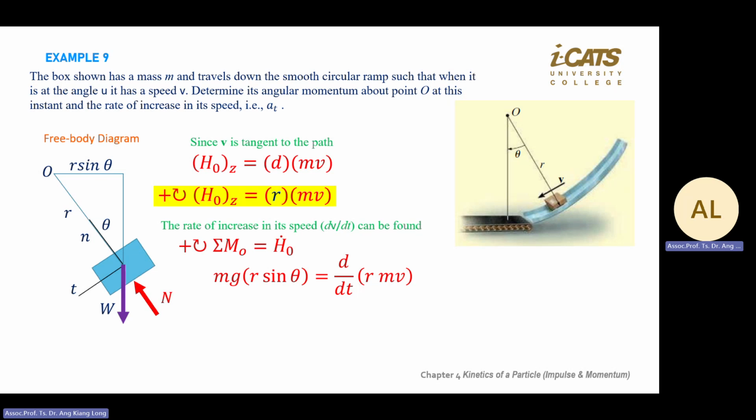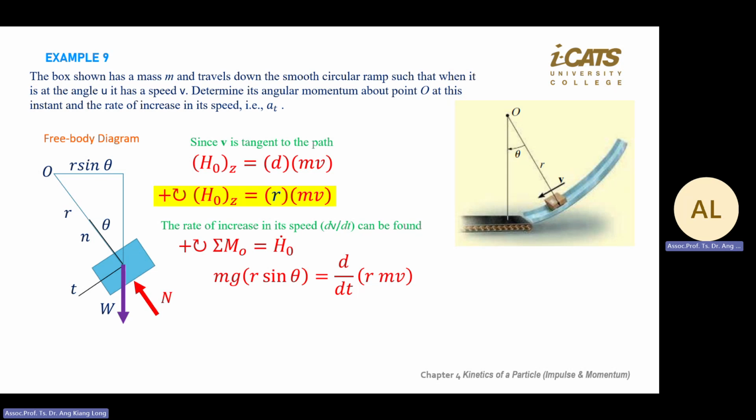So this is W, and you split it into the T direction, WT, and also this WN here. This WT here is W sine theta.